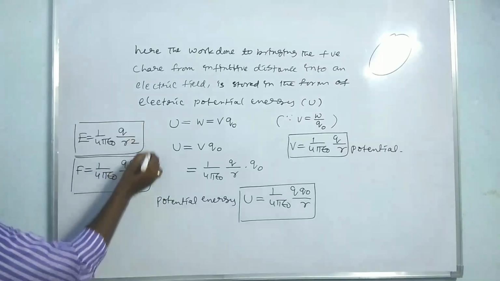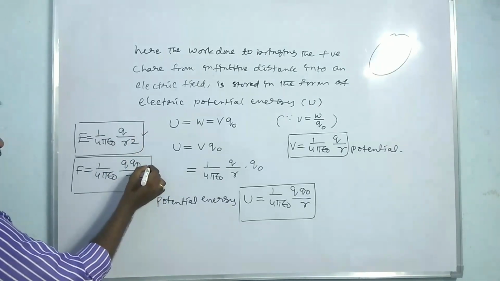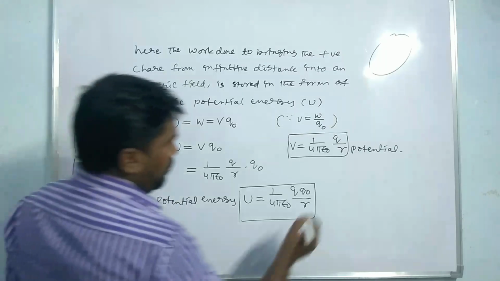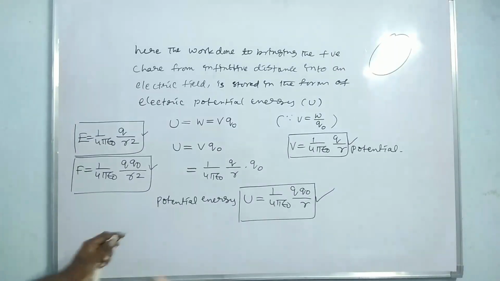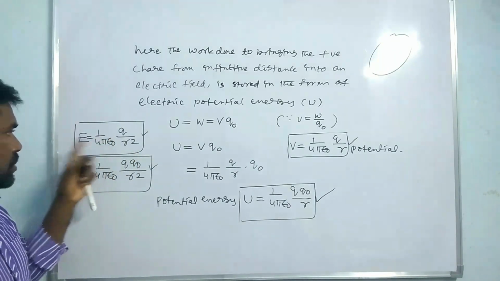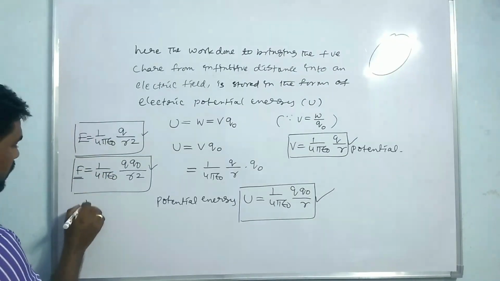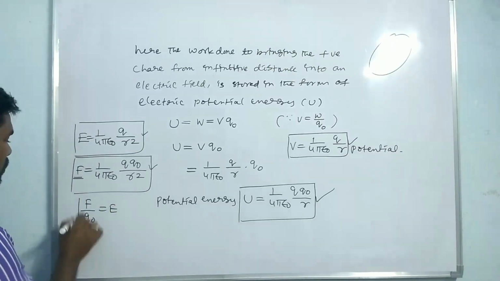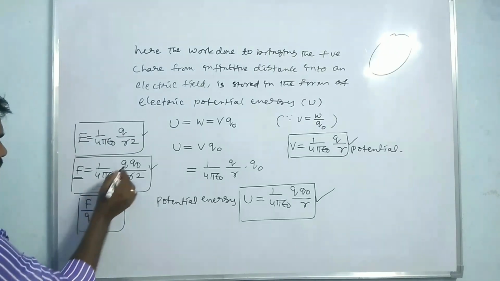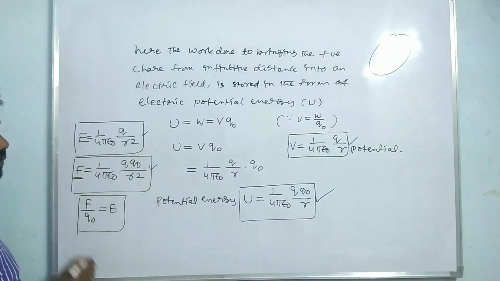So there are slight differences. Here there is only Q, here there is Q naught. That is the variation. So simply you have to remember, this is the intensity of electric field, this is the force acting. Force F by Q naught is equal to E. Simple. F by Q naught, the Q naught cancels, remaining is E.